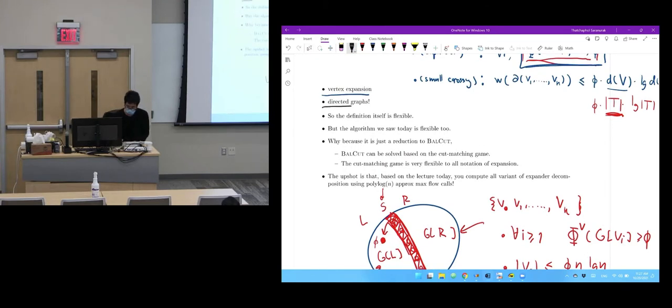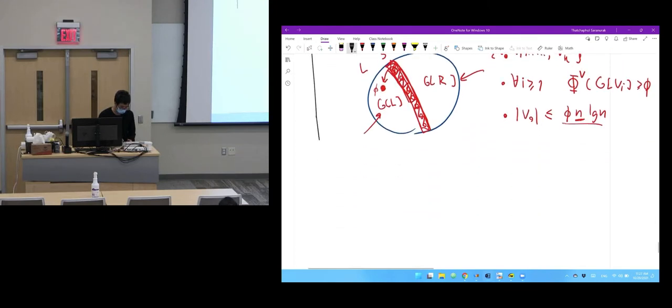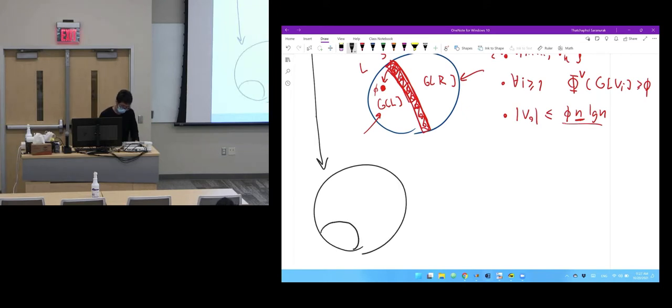Now what about directed graphs? This is now quite interesting. So let's define the notion of sparsity in a directed graph to be this. I would say that the cut here is sparse if either there are a small number of out edges or a small number of in edges.